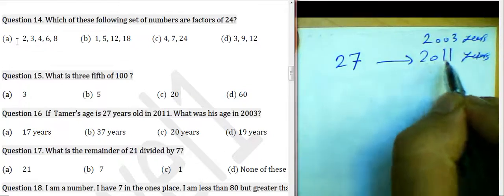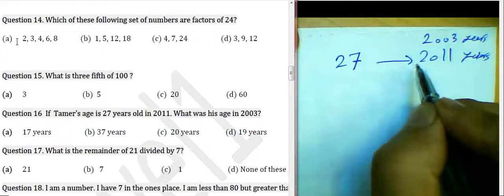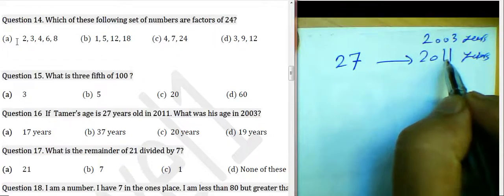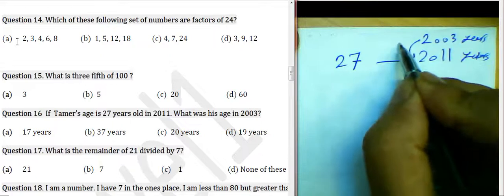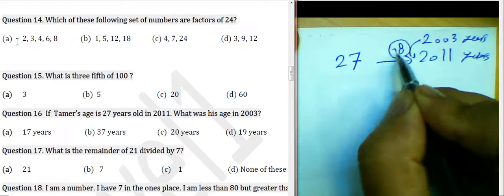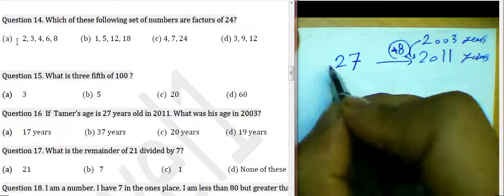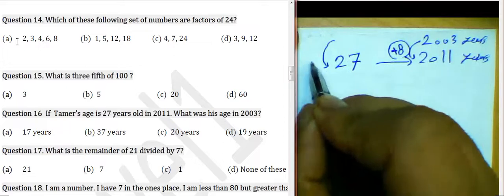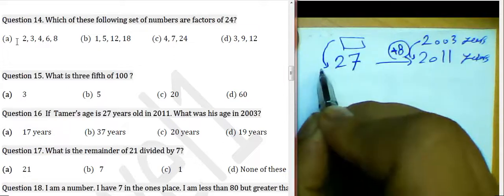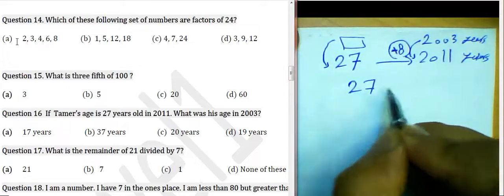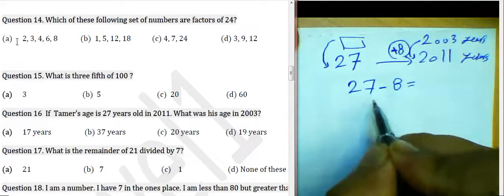We know from 2003 to 2011 we have 8 years. So we must subtract 8 years from 27.